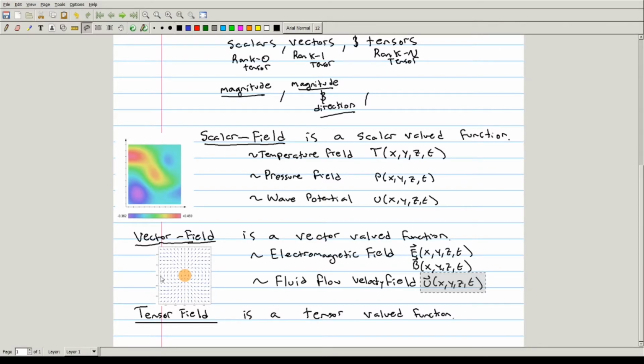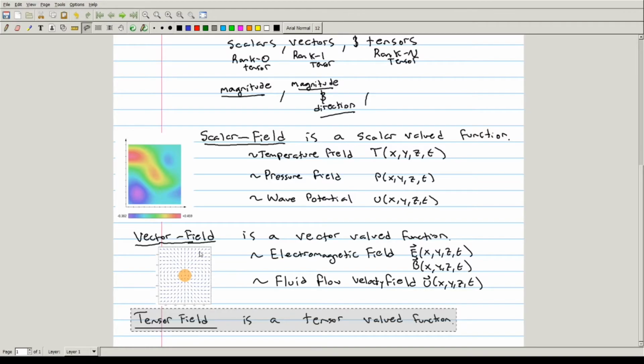So this could really even be a cross section of a magnetic field in three-dimensional space, just visualized in 2D. It's important to emphasize that these are not the only examples of vector fields and scalar fields, but these are some of the more common ones that you'll see. But it turns out that there are many other very important examples of all types of fields, and even tensor fields, as we'll see.